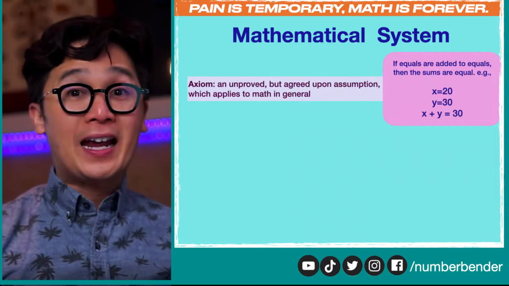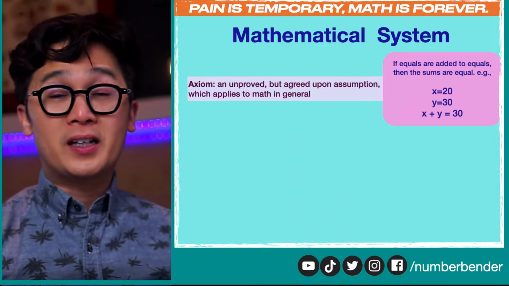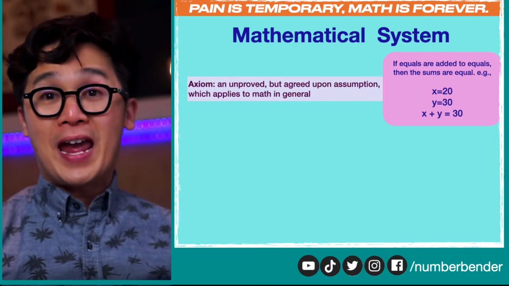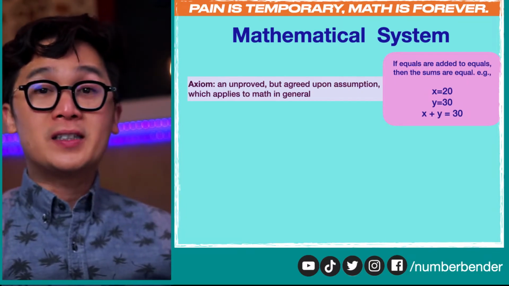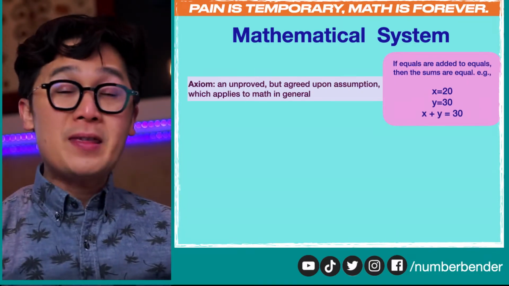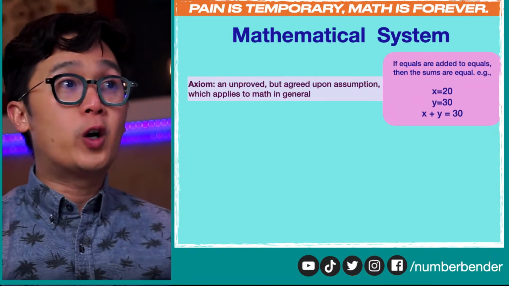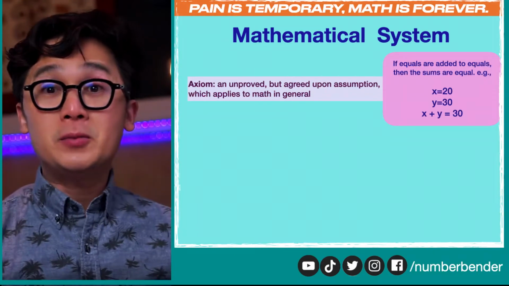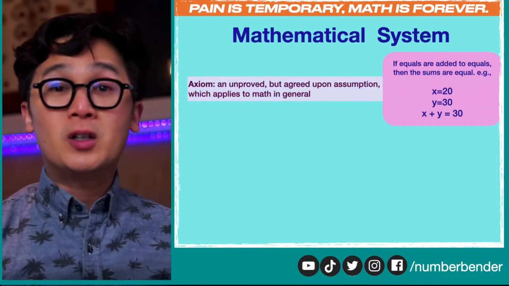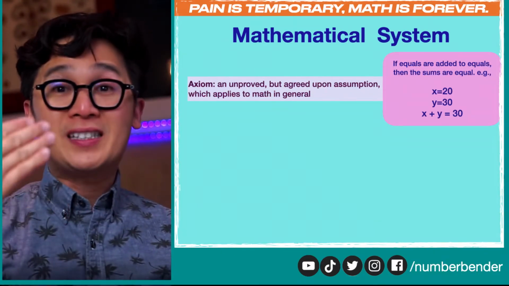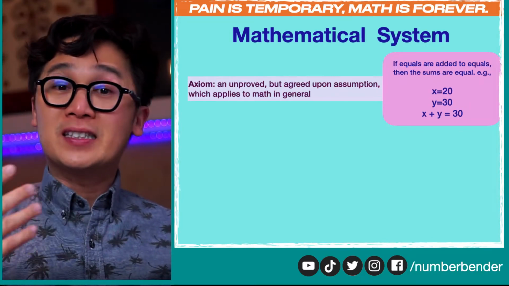So let's say x is equal to 20 and y is equal to 30. Then x plus y is equal to 50.